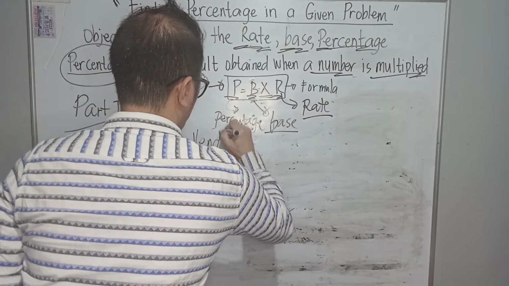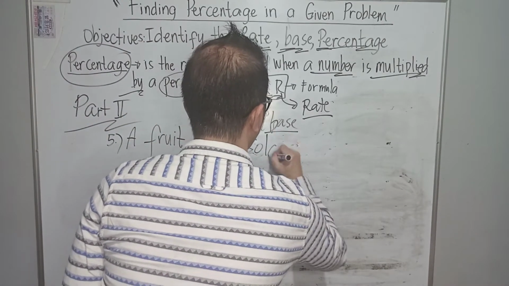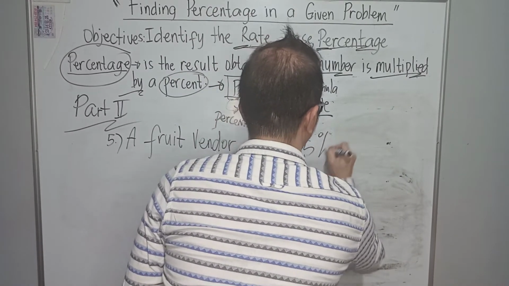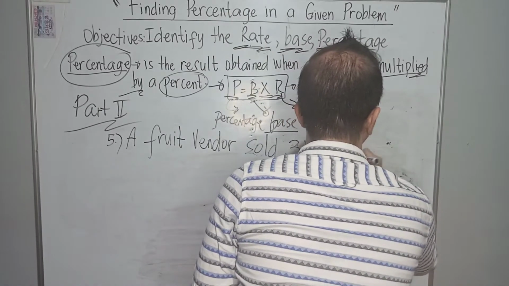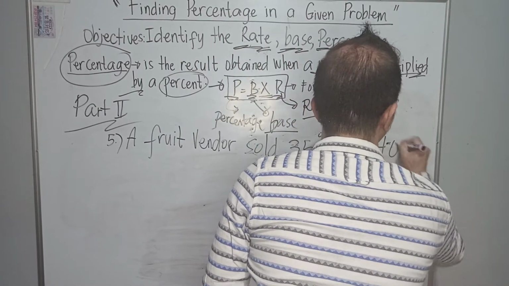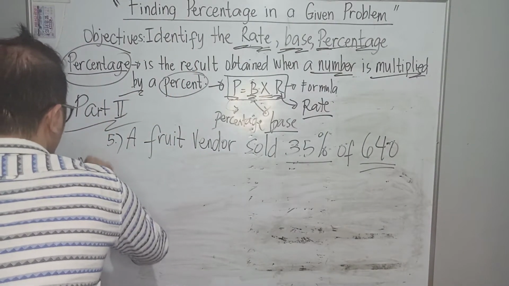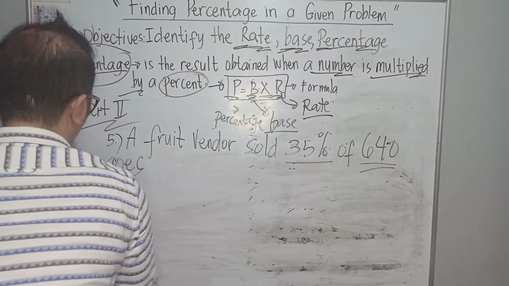A fruit vendor sold 35% of 640. What 640? Of course, my favorite fruits, mangoes.